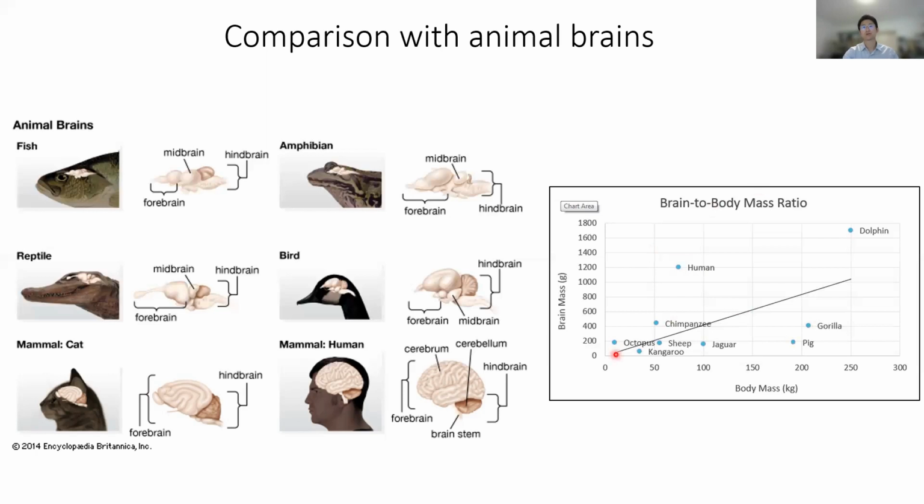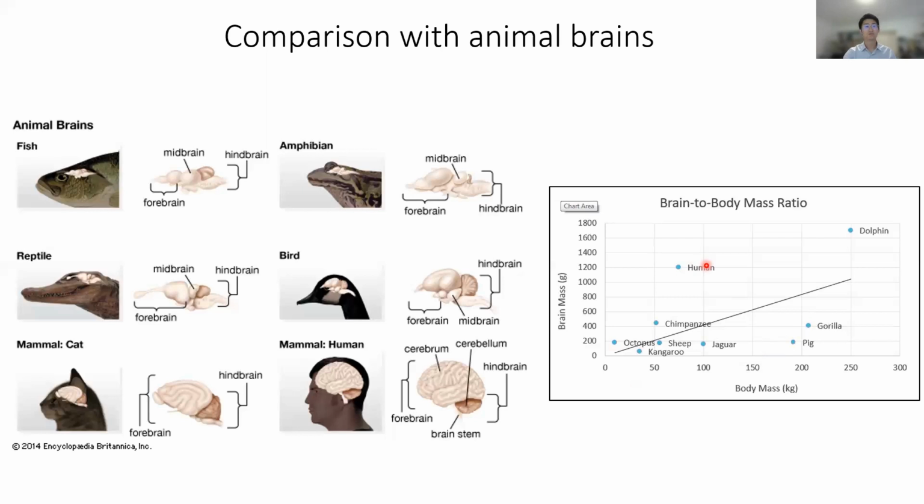Also, the octopus and the chimpanzee have a larger ratio, and the dolphins seem kind of an outlier, but they also have a relatively lower ratio than human. So okay, this is just some description of the physical structure of the brain.